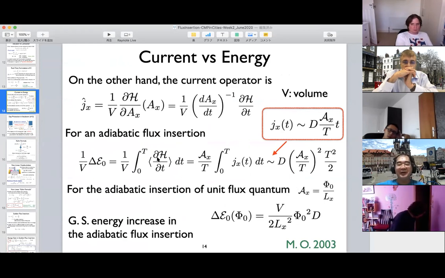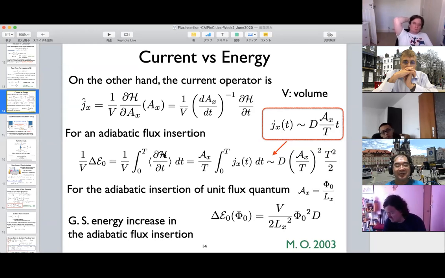evolving over time, and the Hamiltonian is also evolving over time. But actually, the energy increase can be related to the expectation value of dH/dt with respect to the wave function at that time.